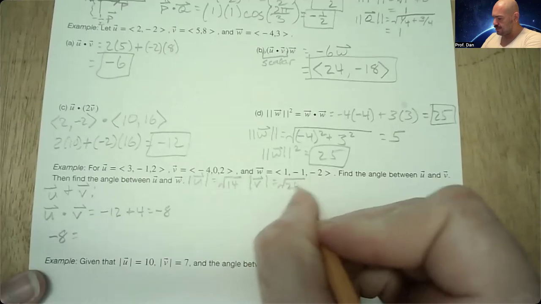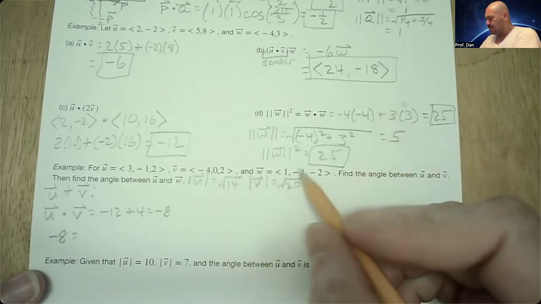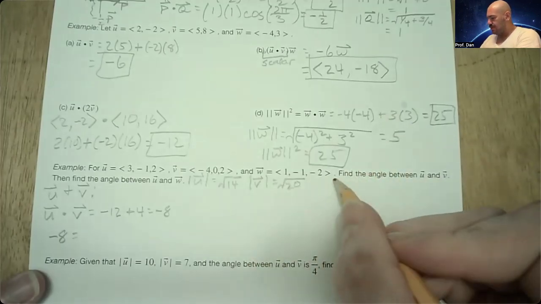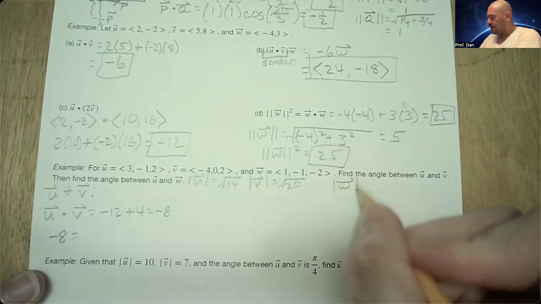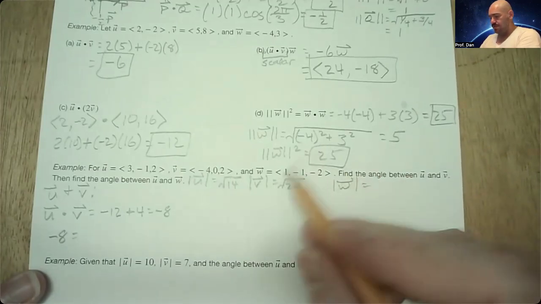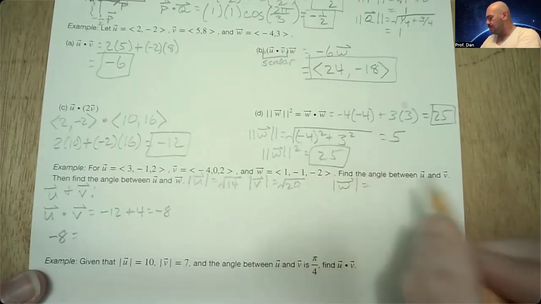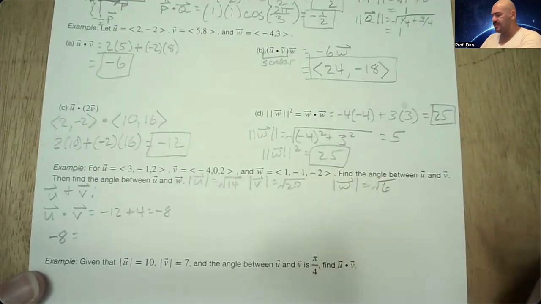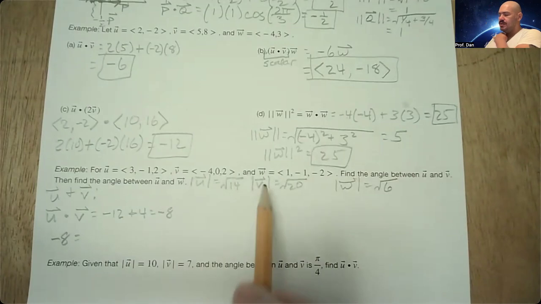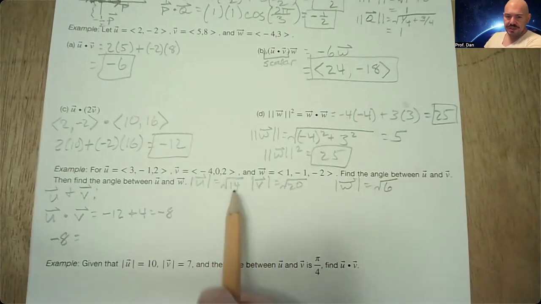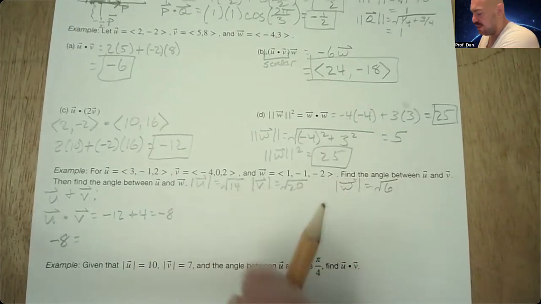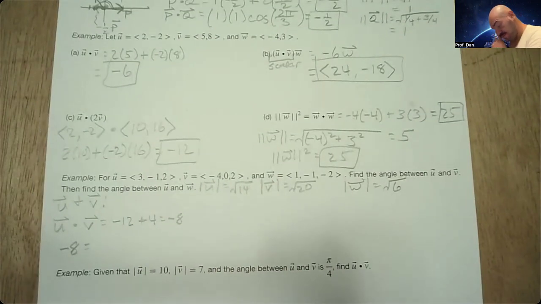So that's the square root of 20, which can be simplified, but we won't worry about that. And the magnitude of w, we have 1 plus 1 is 2 plus 4 gives me the square root of 6. Okay, so for u and v, I only need these two numbers, square root of 14 times the square root of 20.